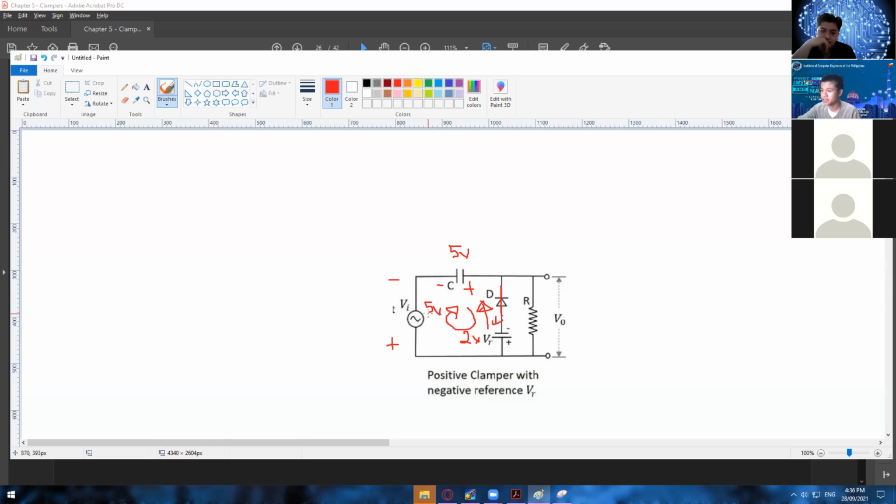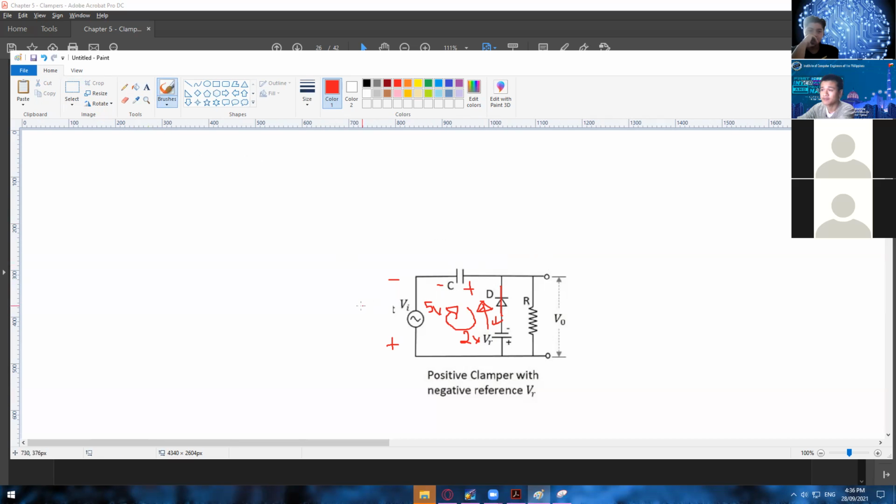So if you guys are going to take a look at this one, we have negative 5 volts rather, and then plus 2 volts. So that is why, oops, mali. Negative 5 volts plus 2 volts. That is why this will become like a negative 3 volts. So parang ito yung magiging final value ng VI nyo, which is negative 3 volts. And since this capacitor works the other way around, this will be charged negatively.